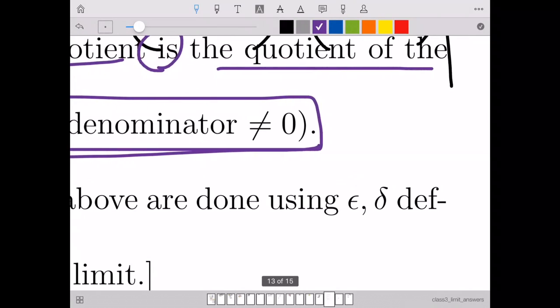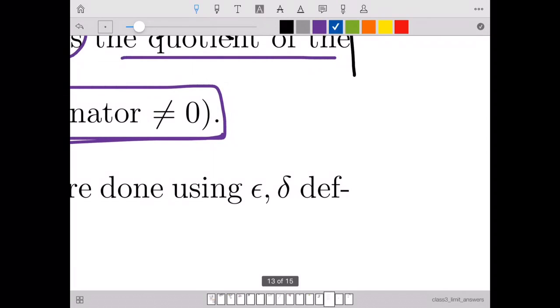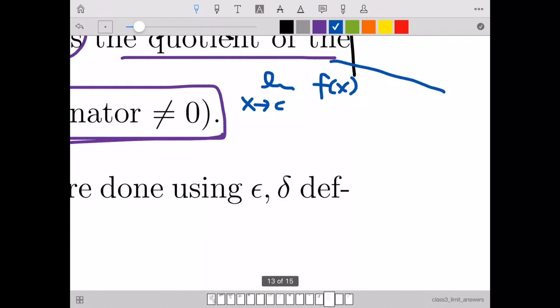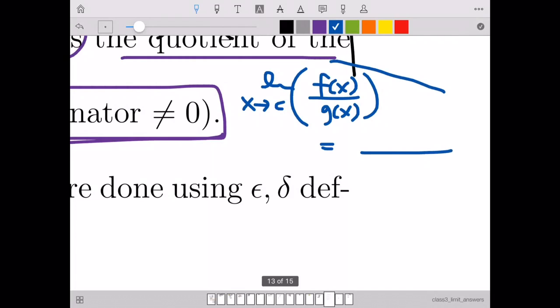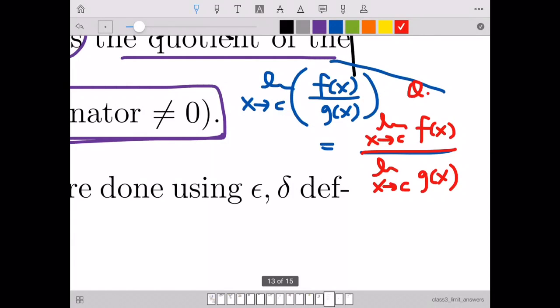So, limit of a quotient, limit of a fraction, equal to the quotient of the limits, limit of f of x over limit x approaches c of g of x. This is called the quotient rule in the limits.